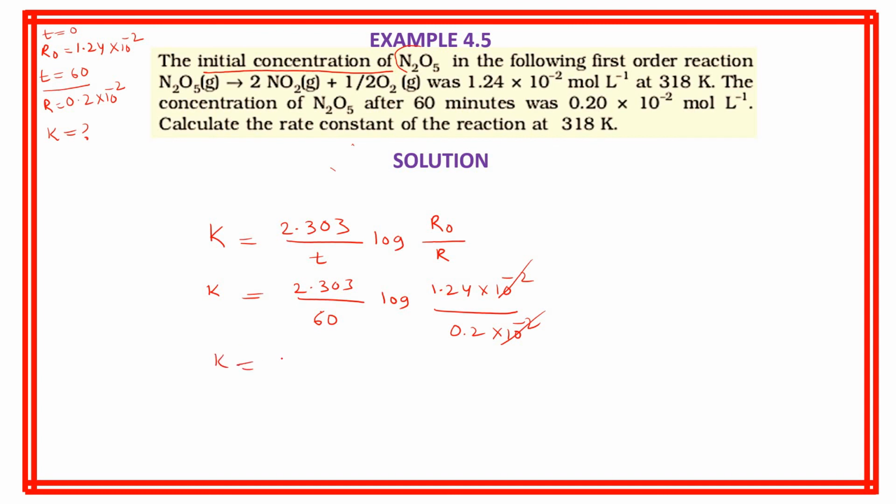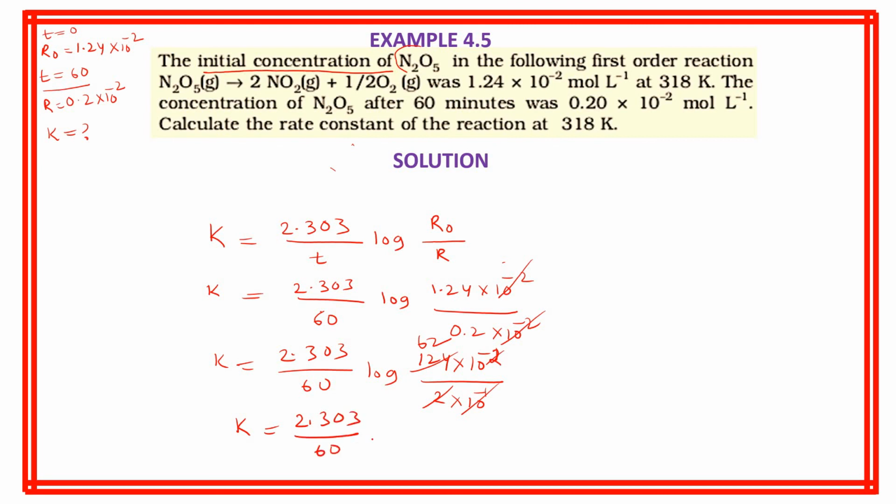Now k equal to 2.303 by 60 log of 1.24 into 10 to the power of minus 2 by 0.2 into 10 to the power of minus 2, which simplifies to 6.2. So k equal to 2.303 by 60 into log 6.2.